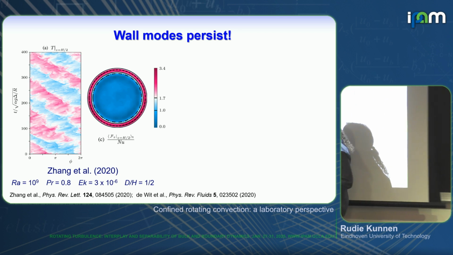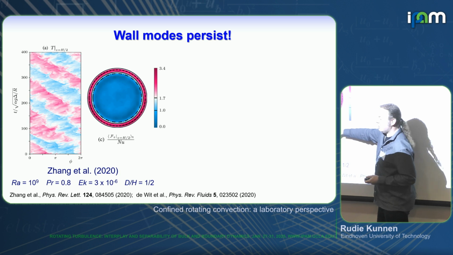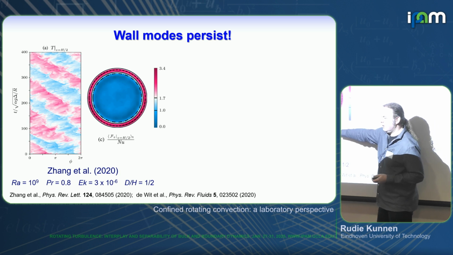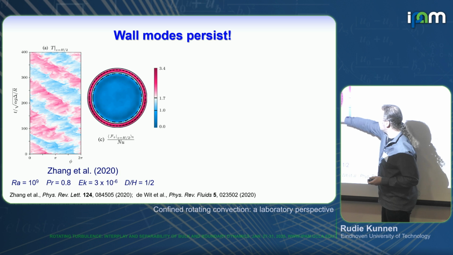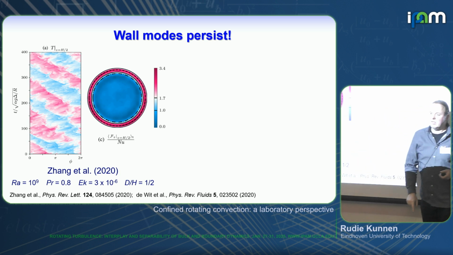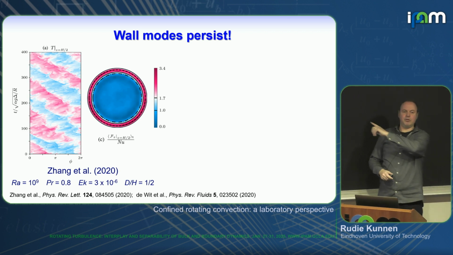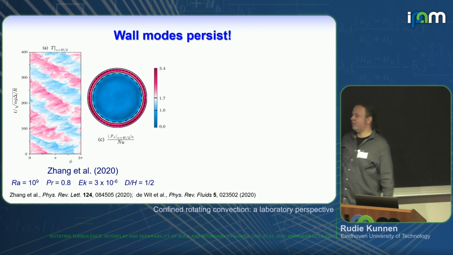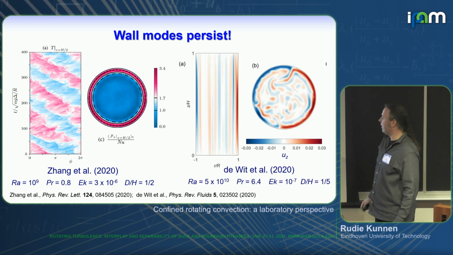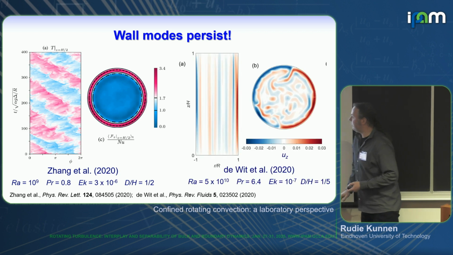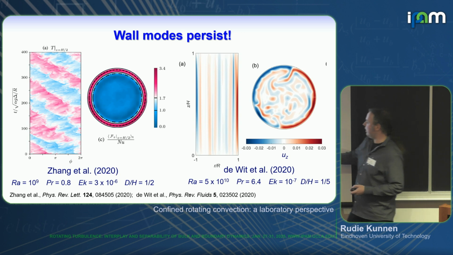And here, this is directly averaging the convective heat flux, which you can conveniently do in numerical simulations, showing that definitely the sidewall region is contributing a lot. And this is the factor 2 that we saw in the global measurements before. And here for our simulations, it's quite a lot the same.